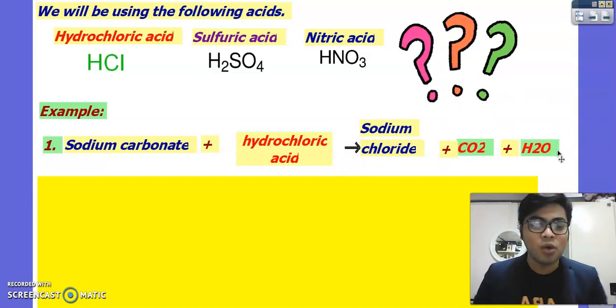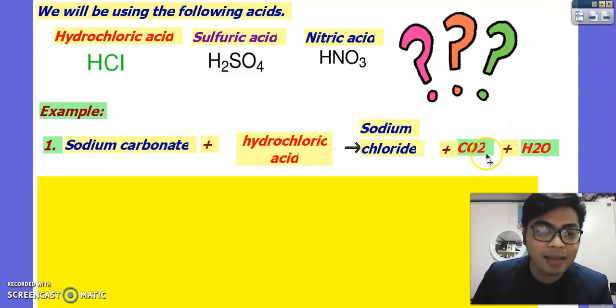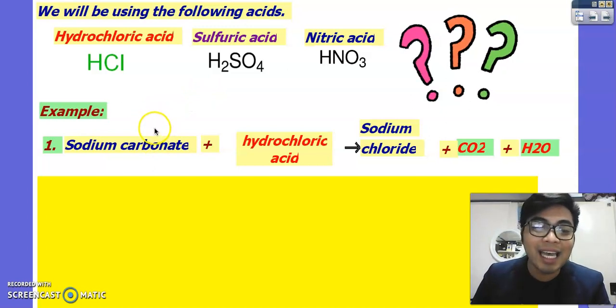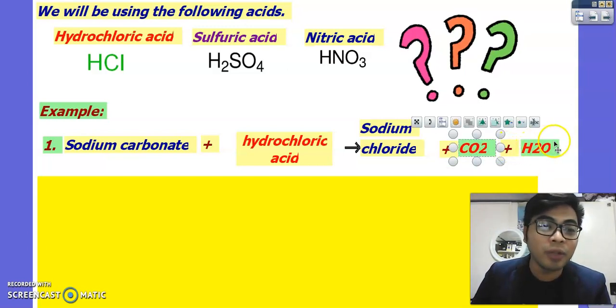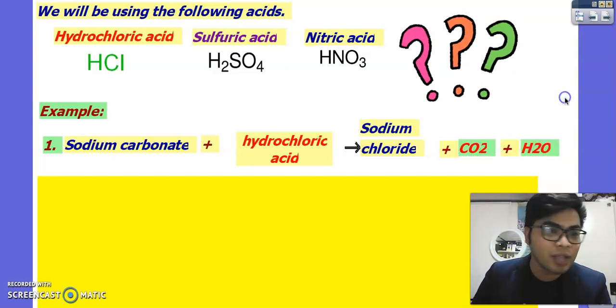So wait, where do we get the carbon dioxide? Very good, we get it from the carbonate. The carbonate here is C and O, carbon and oxygen, which now forms into carbon dioxide, and also it will release water. So where do we get the H?